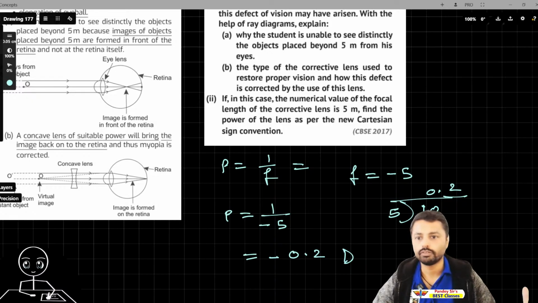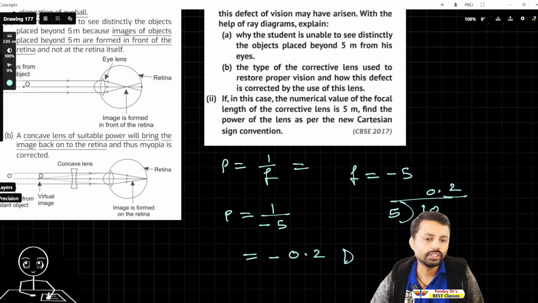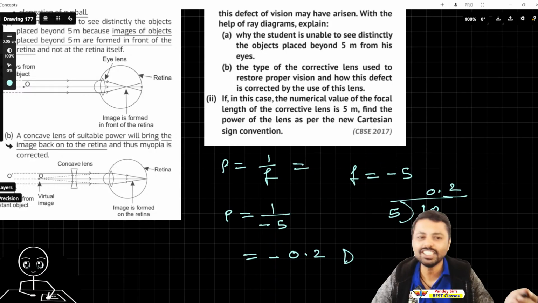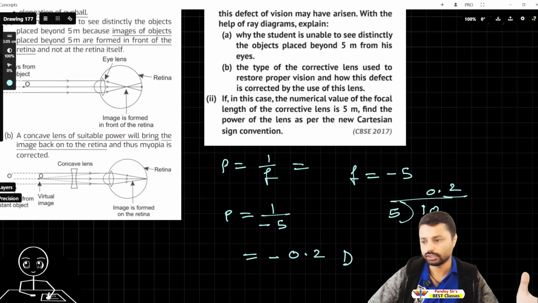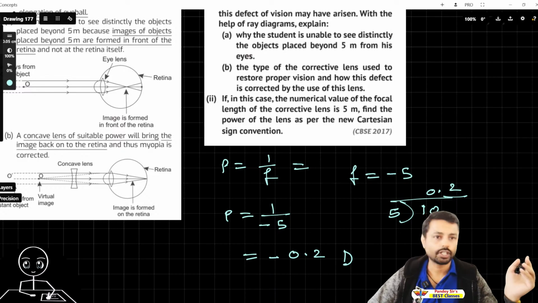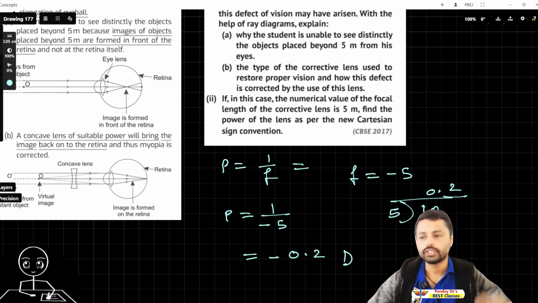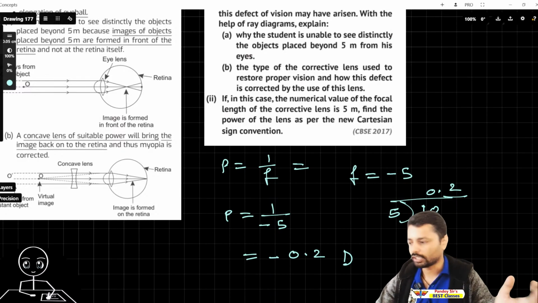You need to keep that always in mind: if they give a concave lens, then the focal length will be minus. We did all these numericals. We will do light chapter numericals also, but for now that's it. If you still have doubts, you can ask me in the comments.